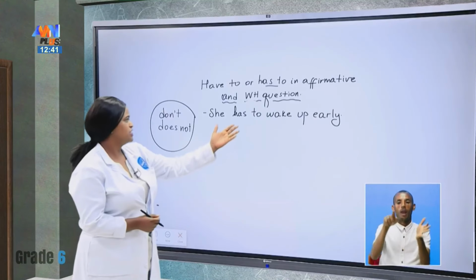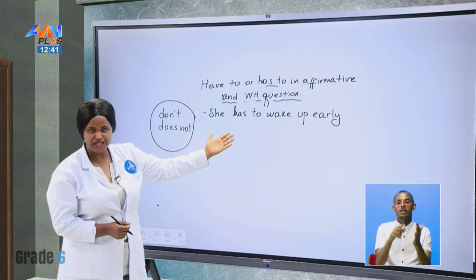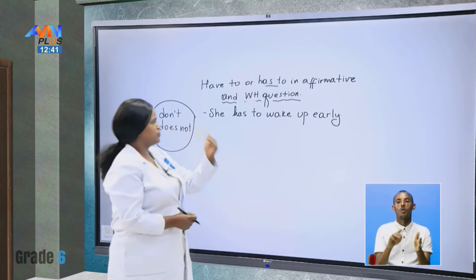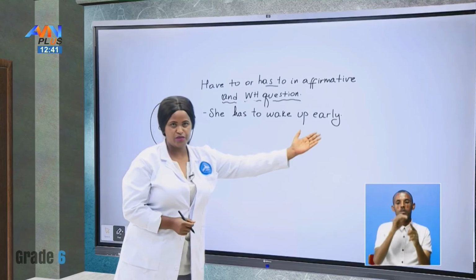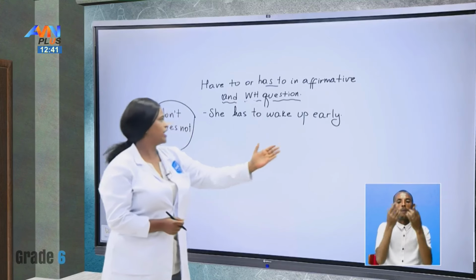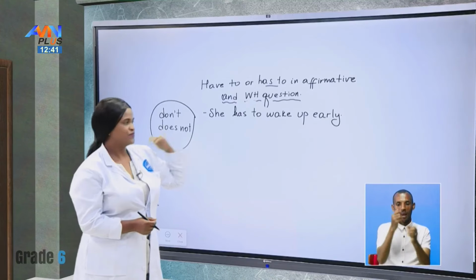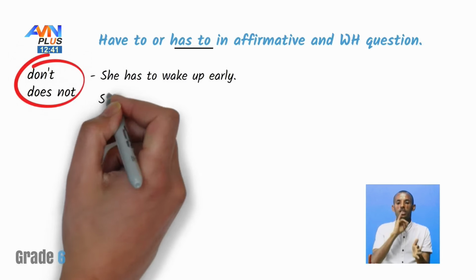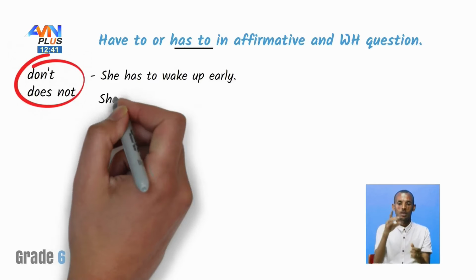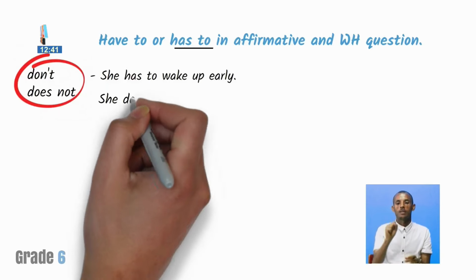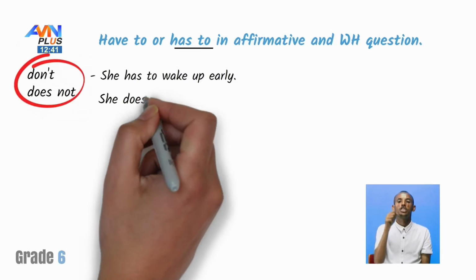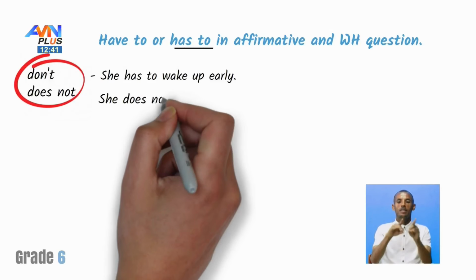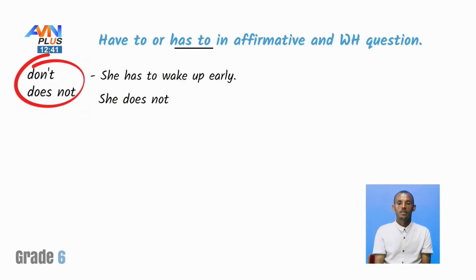For example, for this one, in order to make it negative, what do we say? The positive one is she has to wake up early. Okay, let's make it negative. How do we make it negative? Since she is singular, we use does. She doesn't, or she does not.